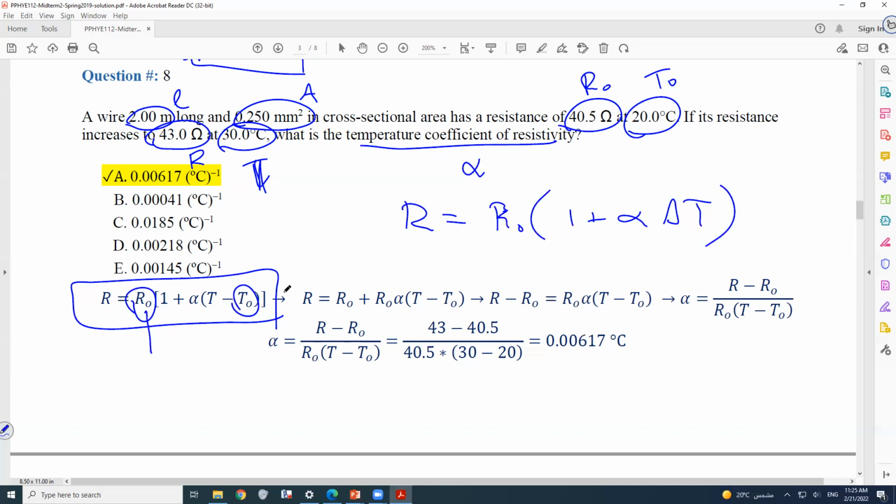What is the reference resistance? At this particular T0, the resistance is. At another temperature T, the new resistance. We have been given this, this, and this. All these four are given. We don't know what alpha is. So that is the question, find alpha. So substitute for the known things and we can find alpha.